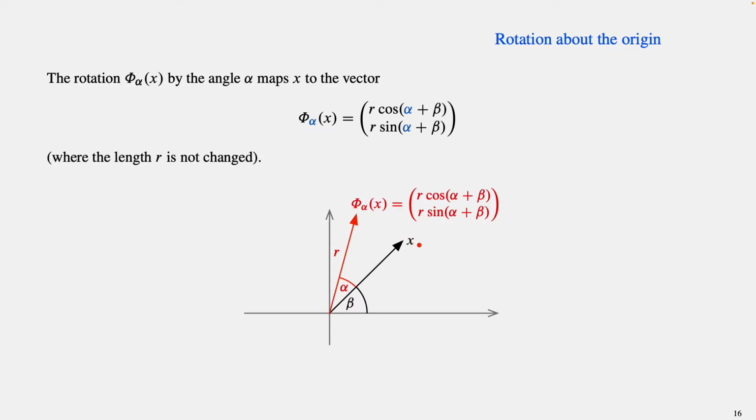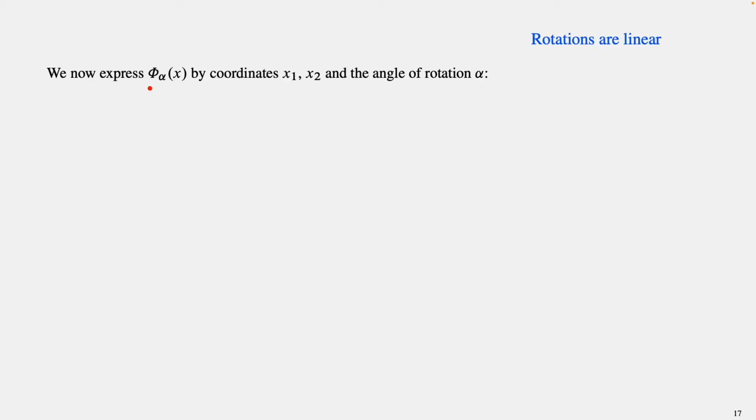So x is now mapped to phi alpha of x, the rotated version, which has coordinates r times cosine alpha plus beta and r times sine alpha plus beta. So now we have a representation of the rotated vector in polar coordinates.